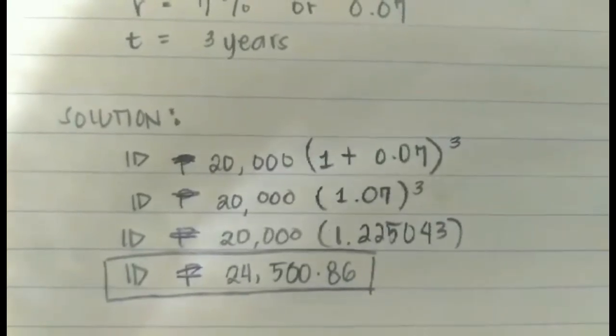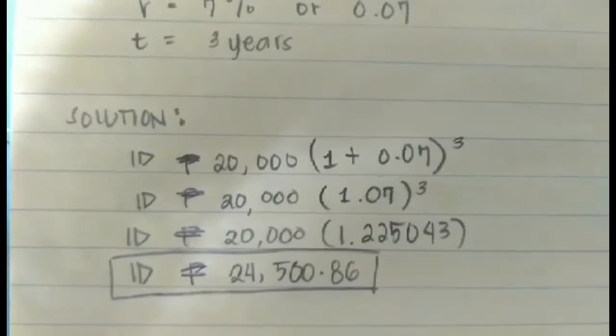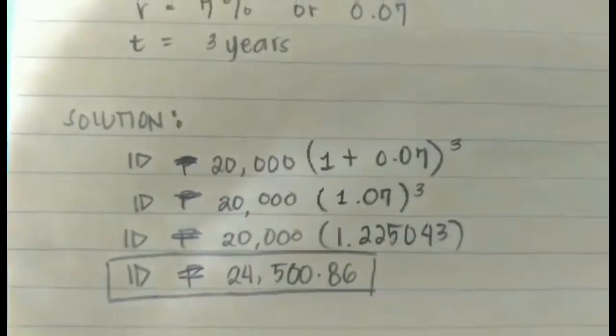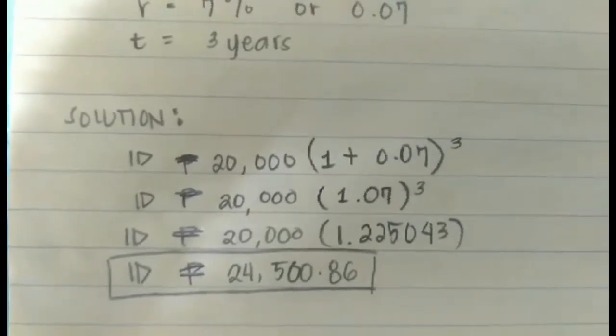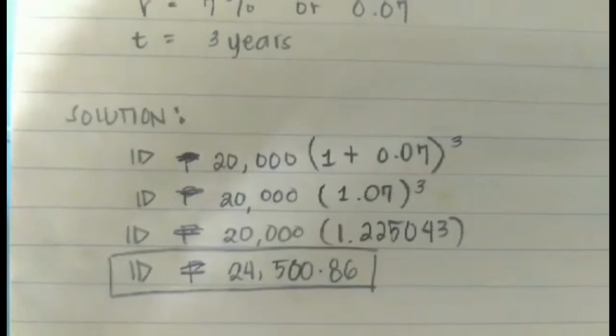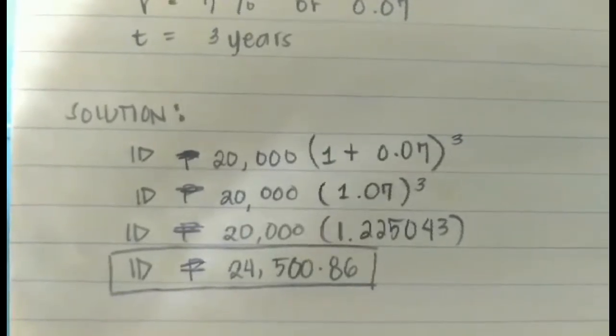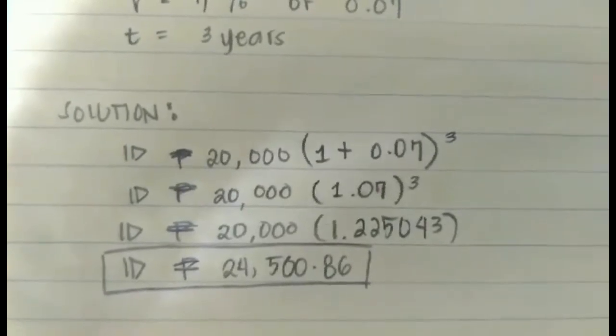And then we're going to have A is equal to 20,000, parentheses, 1 plus 0.07, raised to 3. And then, let's add 1 plus 0.07. After that, we're going to have 20,000, parentheses, 1.07 raised to 3.